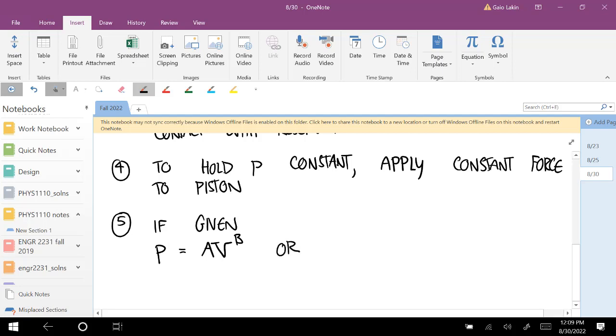Or you'll see it written like this, sometimes P times volume to the power of N is a constant. Okay, that's just saying that for the process that you're dealing with, those are experimental things that have been found to be more or less true, okay?